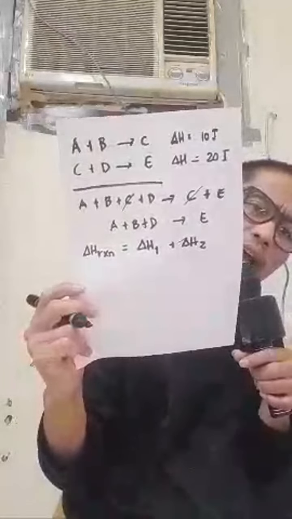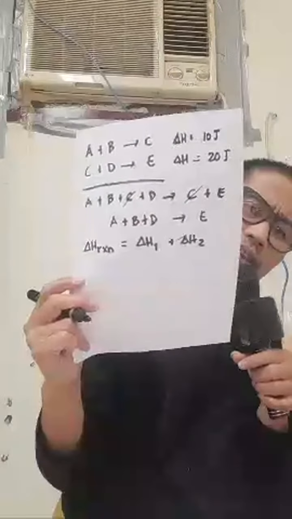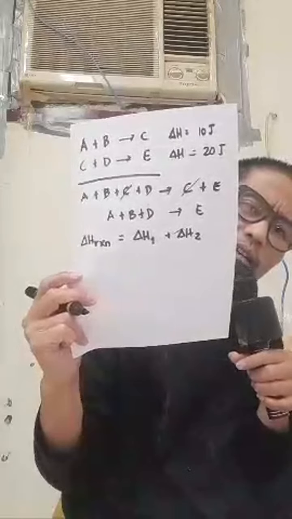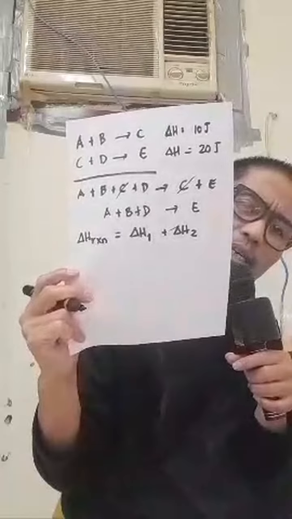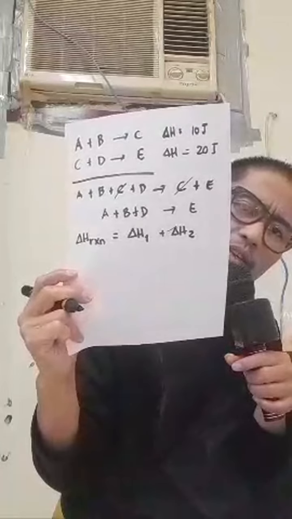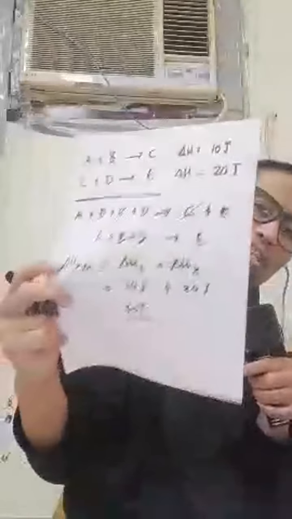We have to add the enthalpy, so 10 plus 20 is equal to 30. So that is 30 joules. This is the enthalpy change of the reaction.